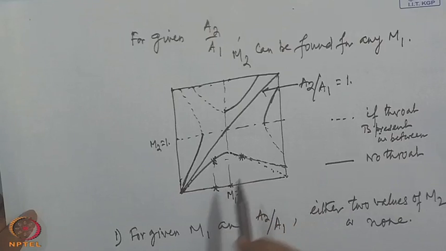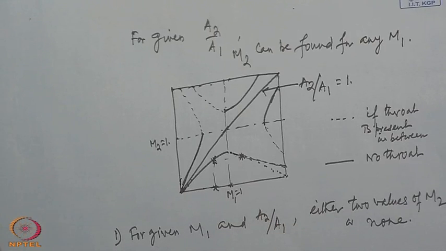Also, we have said that there is a possibility that no solution exists for a given M 1 and A 2 by A 1, that is, the mathematical solution is imaginary. This can only occur if A 2 is smaller than A 1.